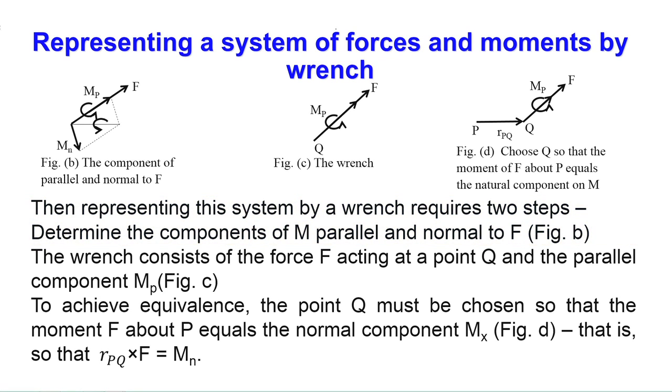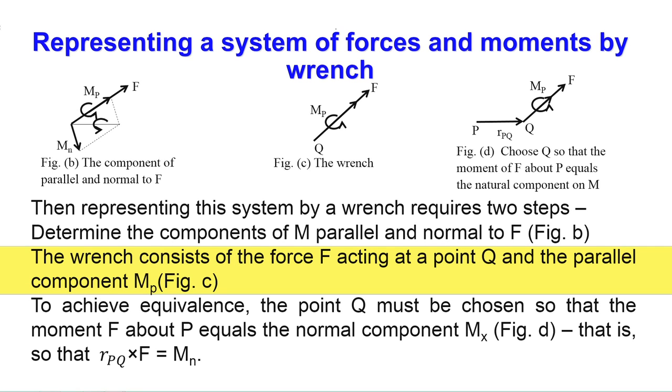Next, the normal component has to be generated by a force, that means by the force F, so that r_PQ cross F equals Mn.